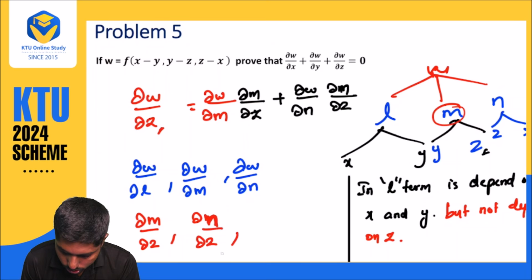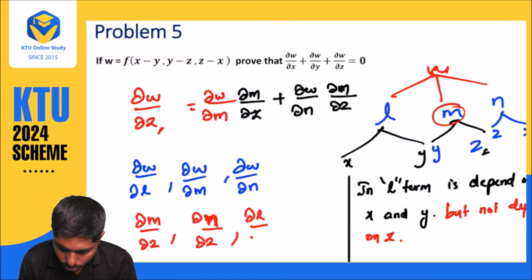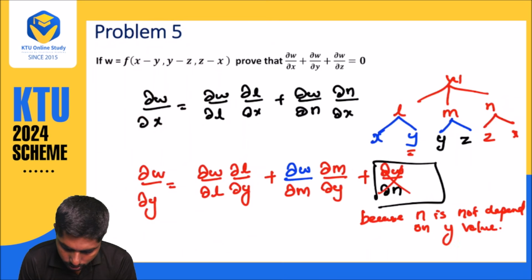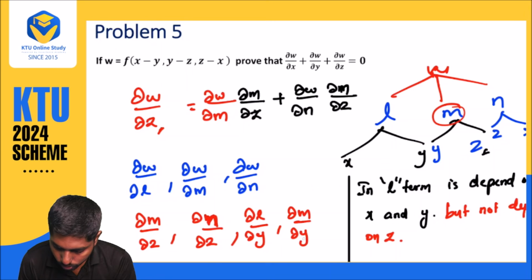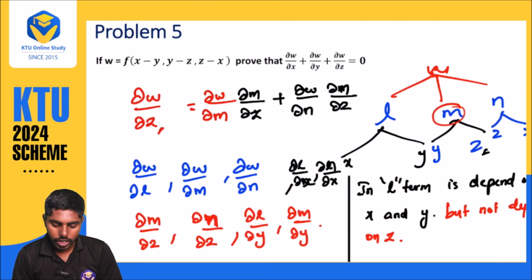Then here dou l by dou y we want to identify, then dou m by dou y. Then we also want to identify dou l by dou x, dou n by dou x. So these are the terms we want to identify.